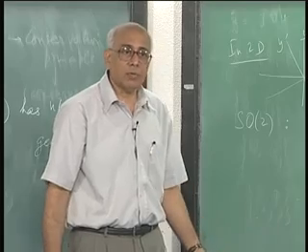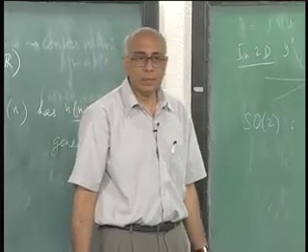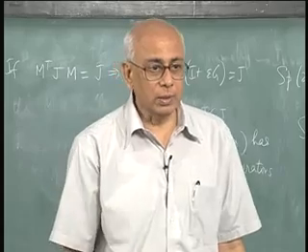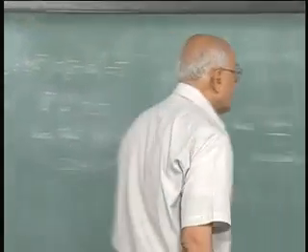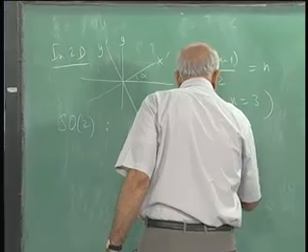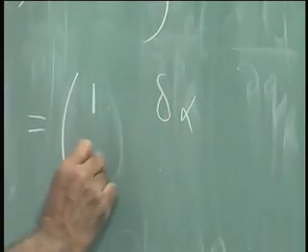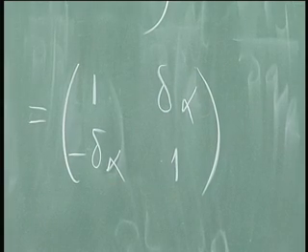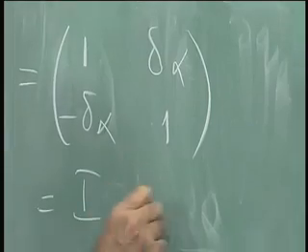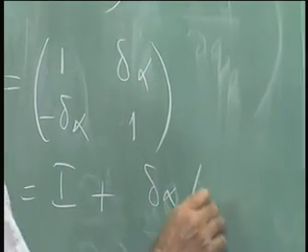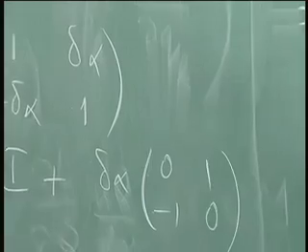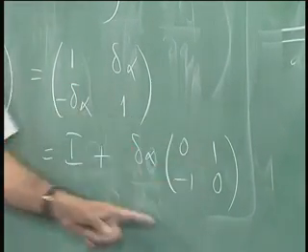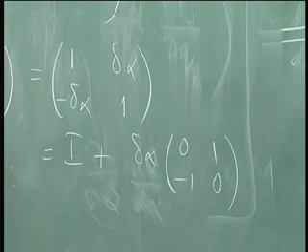Now what is cos delta alpha to first order in delta alpha? 1 minus delta alpha whole square over 2 factorial, but then I am working to first order, so cos alpha is just 1, right, and this is equal to the matrix 1, delta alpha; minus delta alpha, 1, to first order in delta alpha, which is equal to the identity matrix plus delta alpha times the matrix 0, 1; minus 1, 0. This is the parameter, and you can change it, but that is a given matrix, and that matrix is what I called a generator.